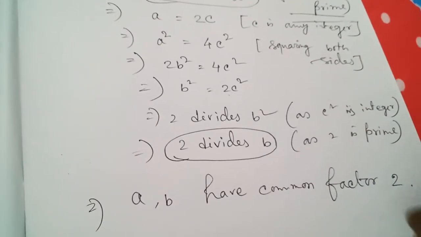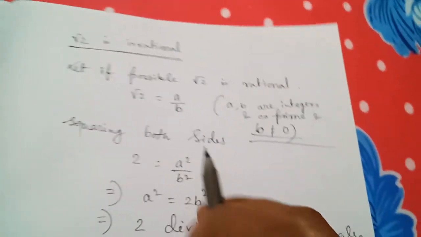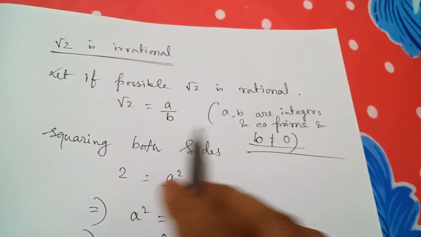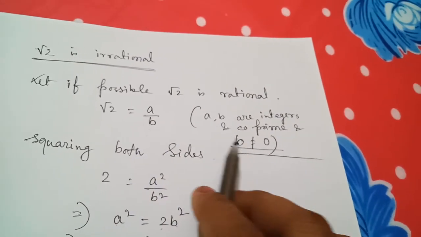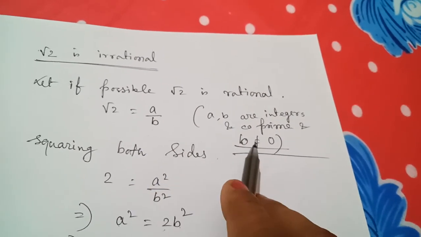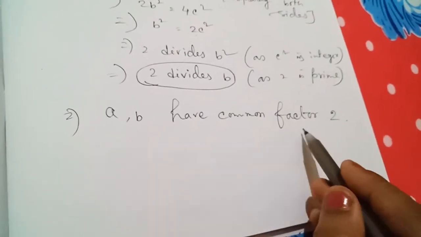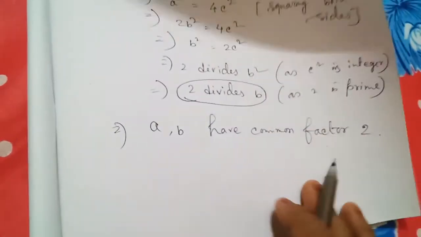But is it true? Because as it is a rational number, we have already taken that A and B will not have a common factor other than 1. So this is a contradiction to our assumption.